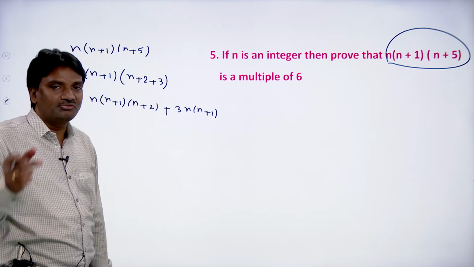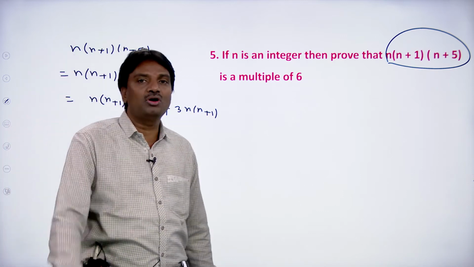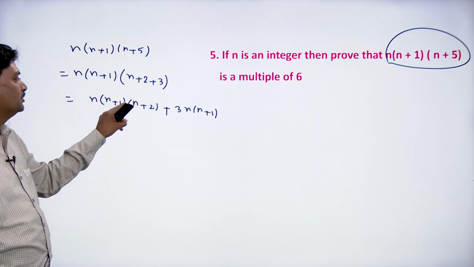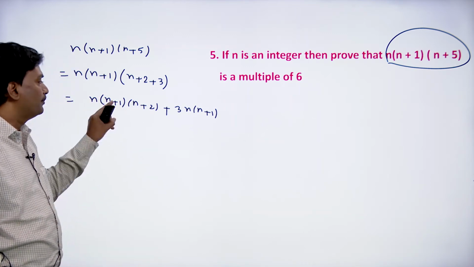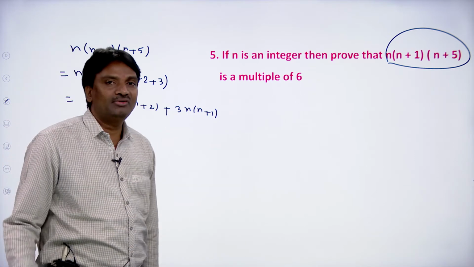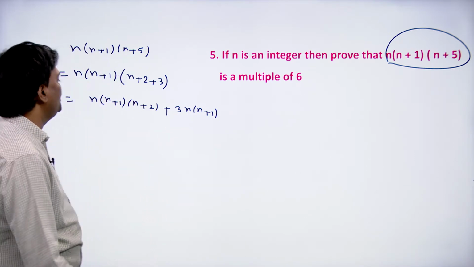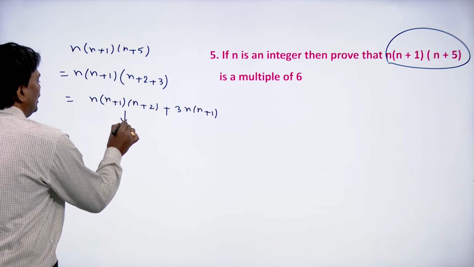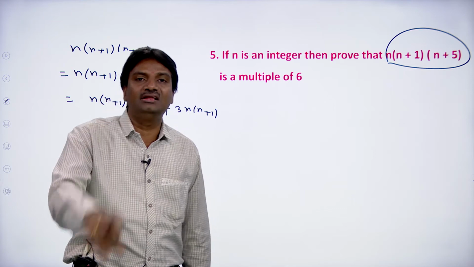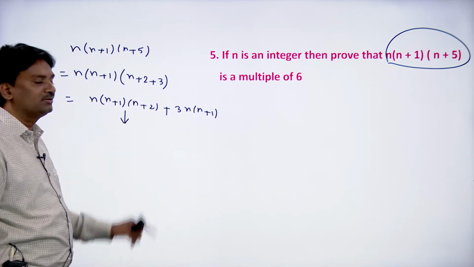Here n into n plus 1 is the product of two consecutive natural numbers, and n into n plus 1 into n plus 2 is the product of three consecutive natural numbers. The product of three consecutive natural numbers, n, n plus 1, n plus 2, is always divisible by 3 factorial.